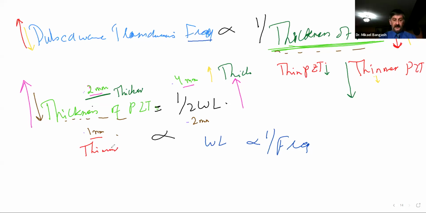So this thinner PCT here will have a lower wavelength, but due to that, a high frequency. Did any of this make any sense at all?